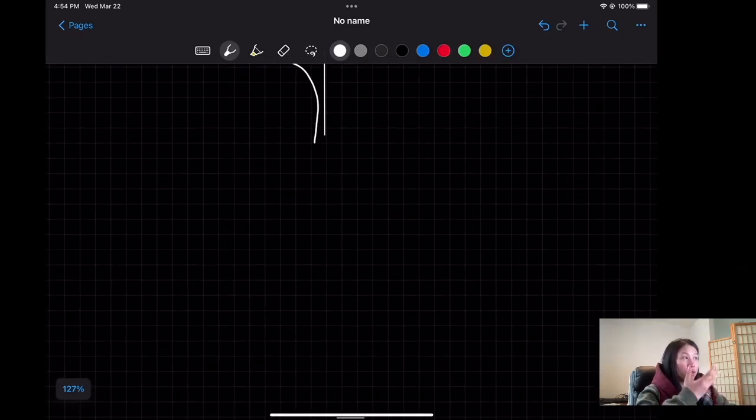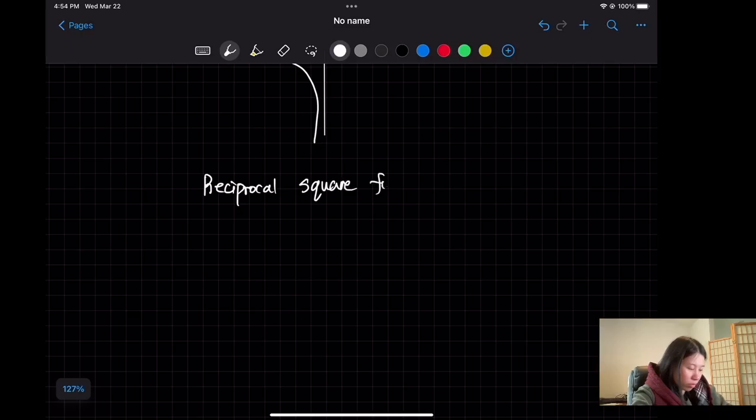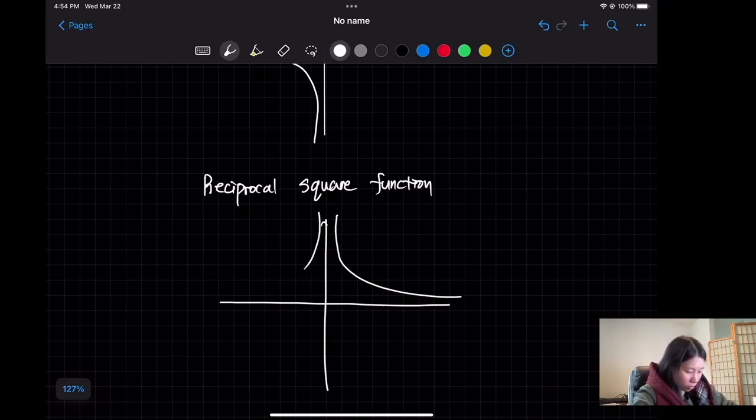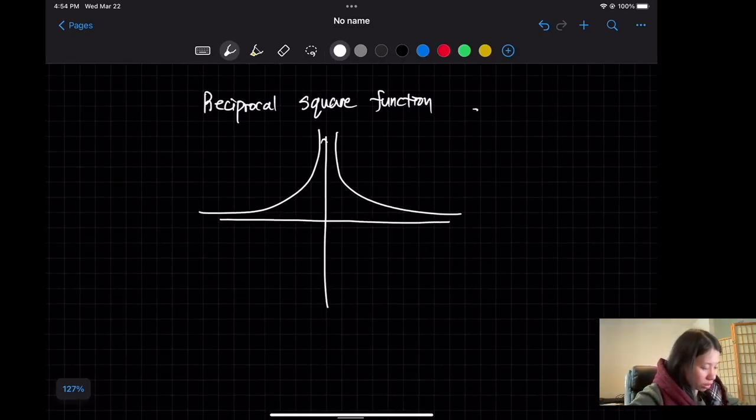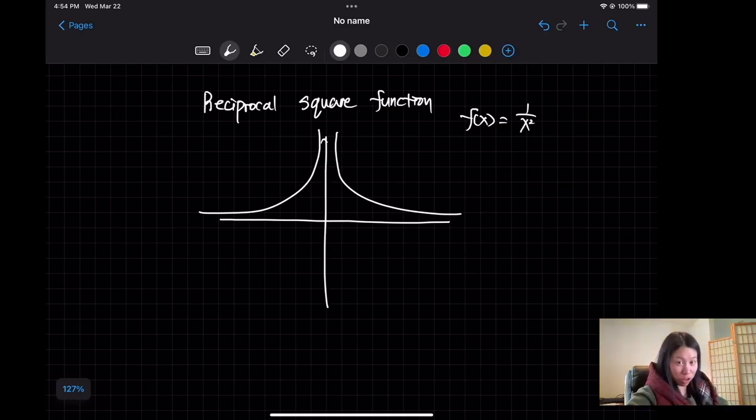Next one is the reciprocal square function. Oh, I didn't say, this function is 1 over x squared, because it's a reciprocal function and you square it. All right.